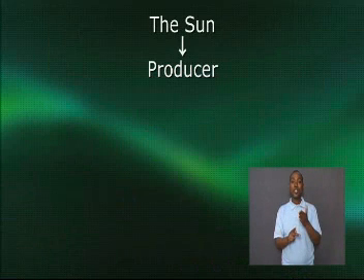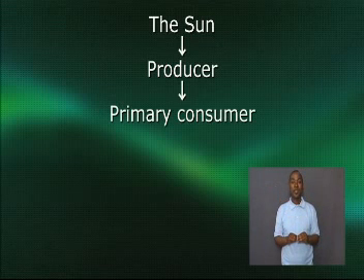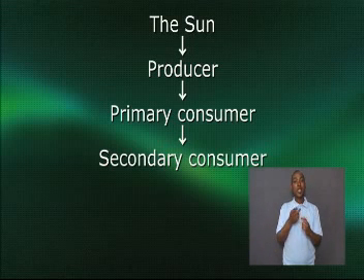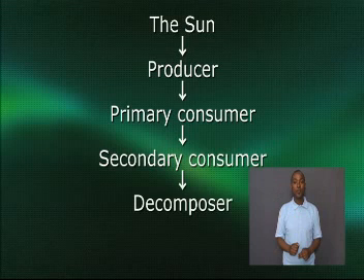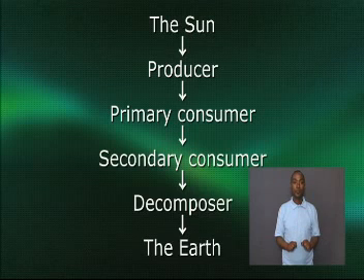If you described a producer absorbing energy from the sun, which was then eaten by a primary consumer, which was then eaten by a secondary consumer, which was then broken down by decomposers who returned the minerals from that animal back to the earth, then you have done well.